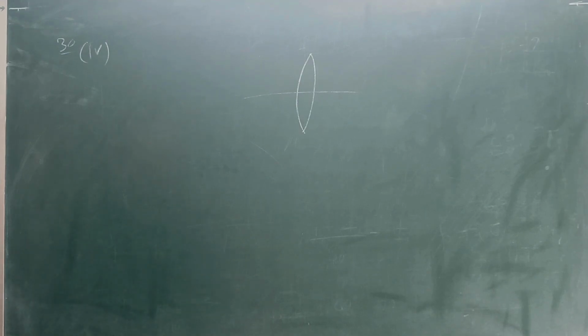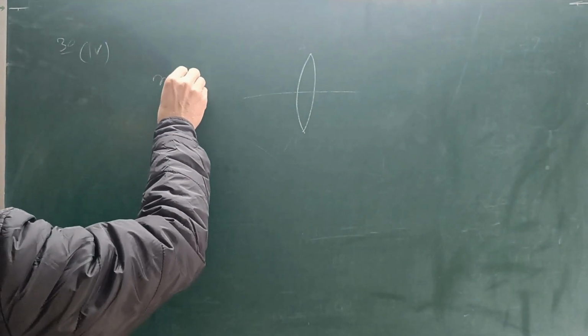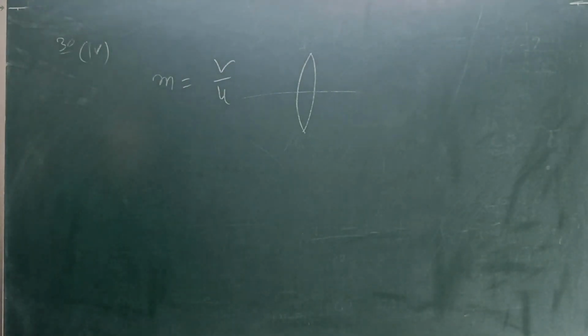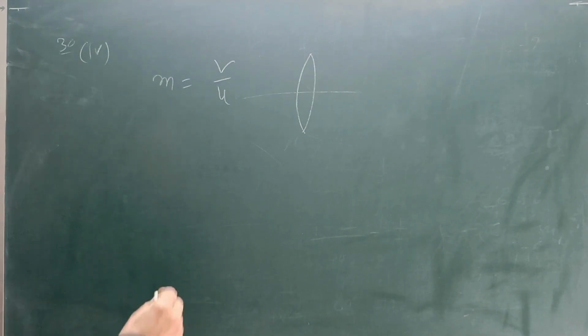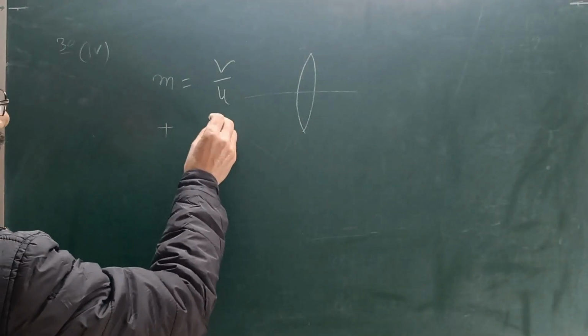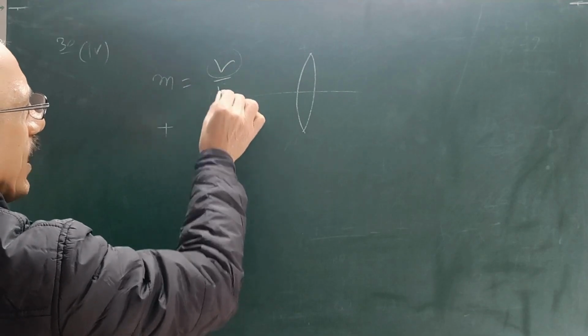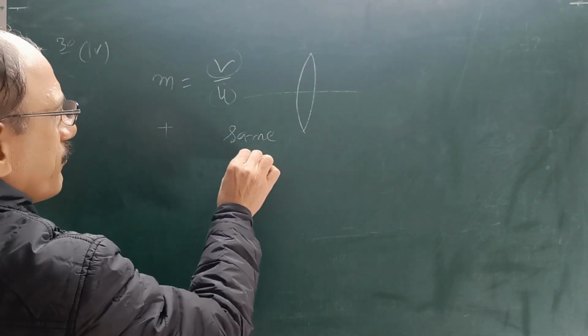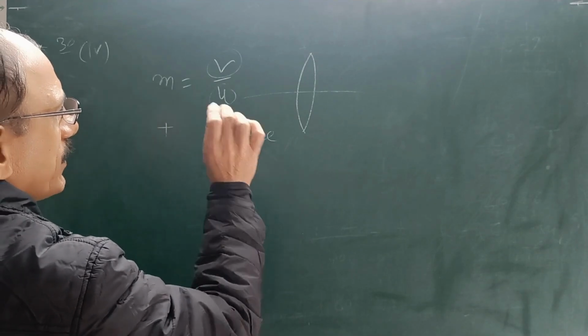So the magnification of a lens is given by V by U. So this M will be positive only when V and U have the same sign, either both positive or both negative.